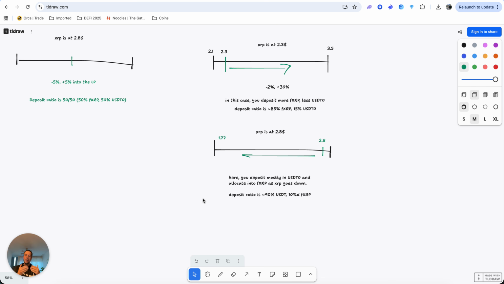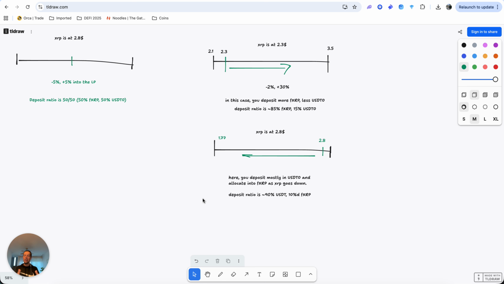And then if XRP is going down in price, you are actually being converted from your USDT zero back to Fxrp. So you are essentially getting dollar cost averaging automatically done for you, because you are getting more and more Fxrp at better prices as the price goes down. Plus you are earning the fees. You are earning the fees also in Fxrp and USDT zero, which is also a good thing.